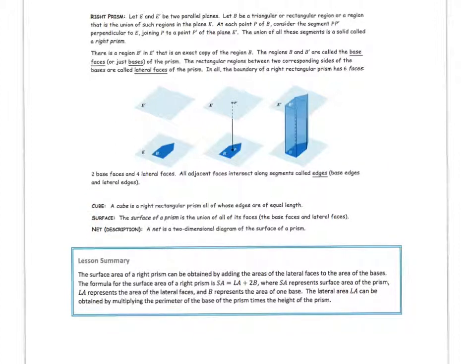And then this gives you the cube, what the surface is, the net, and then we talked about how the surface area is the lateral area plus 2 of your bases, where the surface area is the area of all of the sides together, and the lateral area is just the rectangular faces added together.